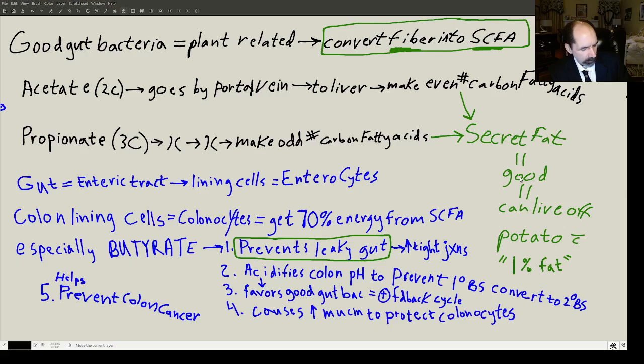Yes, he put patients on a diet with less than 1% fat, 0.7% fat, and he kept them on it for 6 months, and they did well. They had no adverse effects, and they showed improvements in their blood pressure and cholesterol. So the point I'm saying is we really don't need much dietary fat. And then we get a tiny little extra, the so-called secret fat, from the fiber.